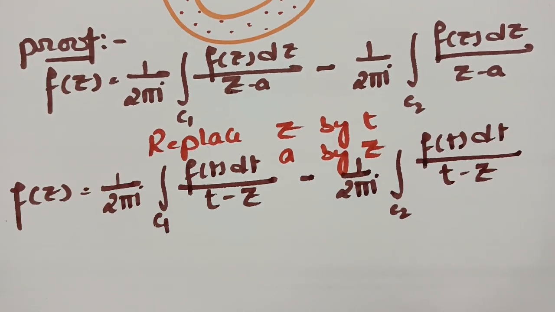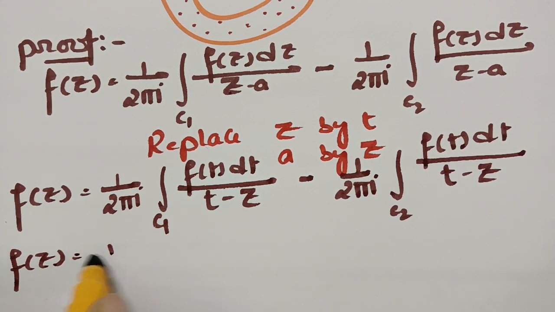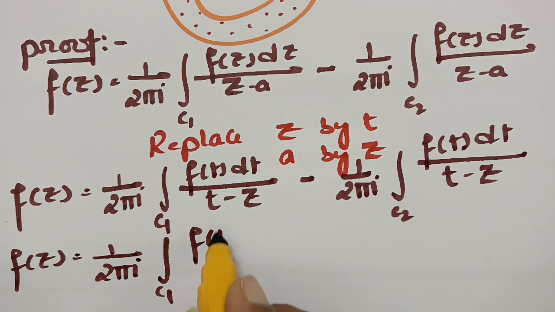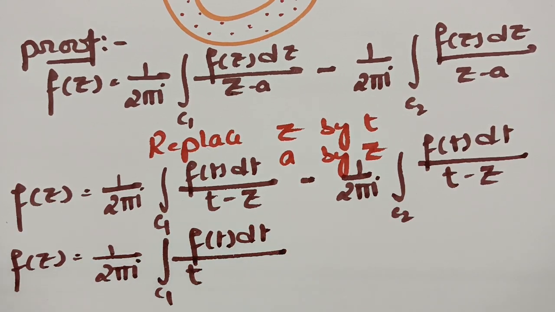The next step: f(z) is equal to 1/(2πi) times the integral over C1 of f(t) dt / (t − z), and now I am introducing a further step in the next step.